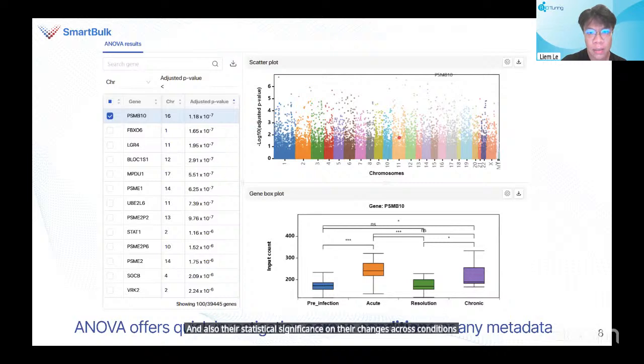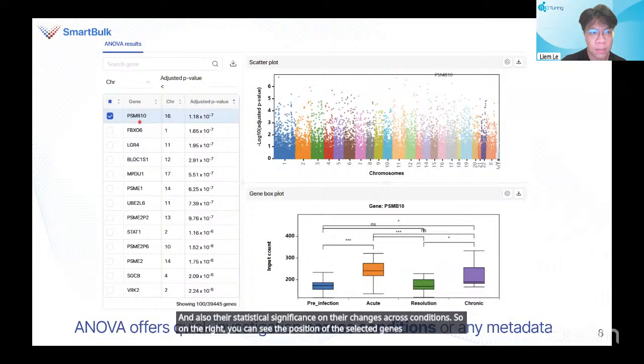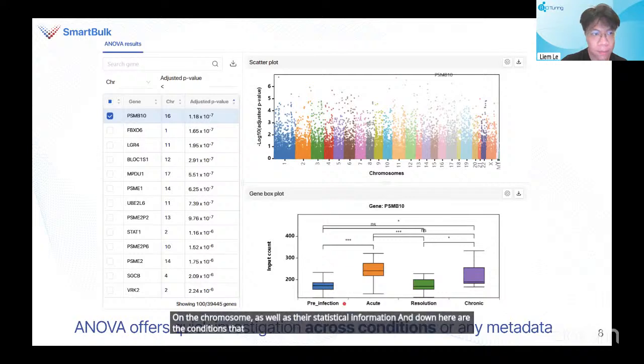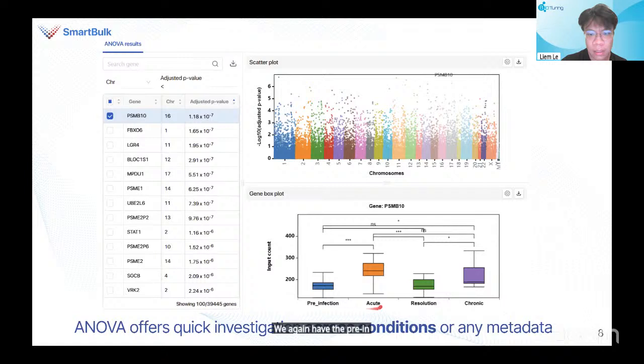On the right, you can see the position of the selected genes, for example, PSMB10 here on the chromosome, as well as their statistical information. And down here are the conditions that we have selected for this ANOVA test. We again have the pre-infection, the acute stage, the resolution, or the chronic of the patients.